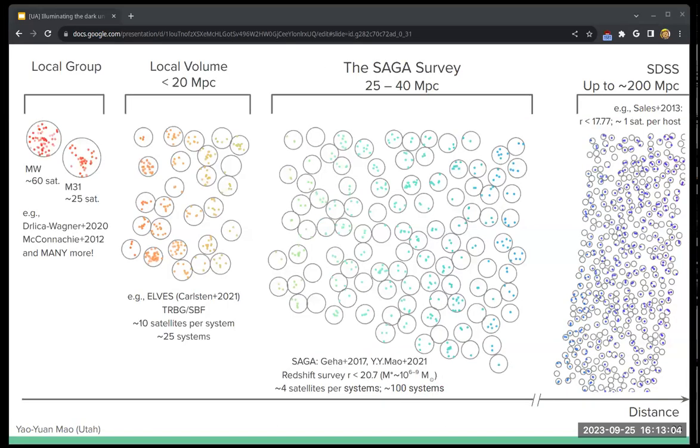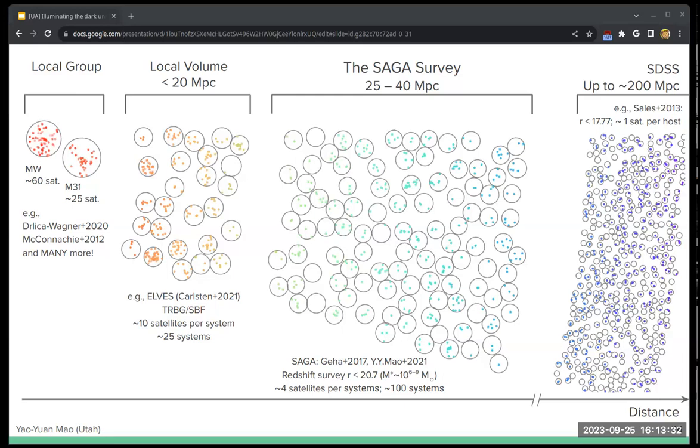So coming back to the SAGA survey, at the very first slide I told you that lots of progress has been made in surveying Milky Way systems. SAGA survey is definitely not the only one. In the Milky Way and M31, we have found lots of satellites. People also have been trying to do this in the local volume, so within 20 megaparsecs. There, you can't really use redshift as a way to measure distance because the local flow is too strong.